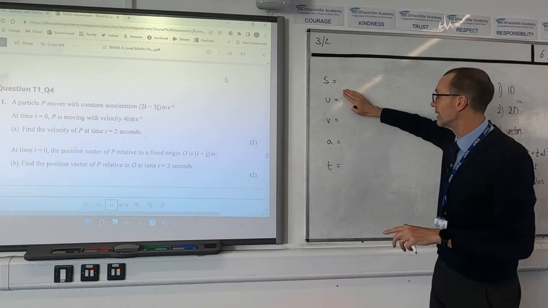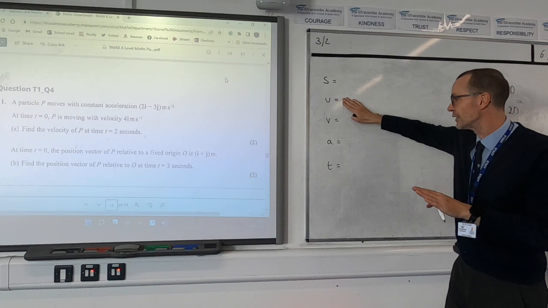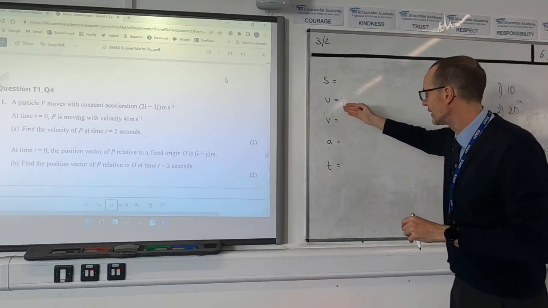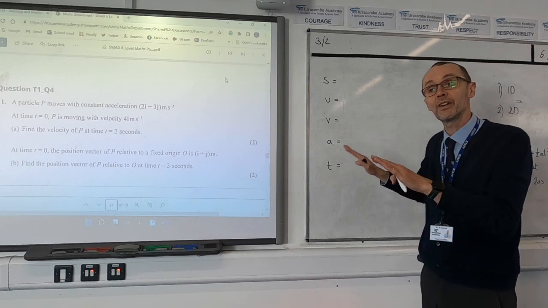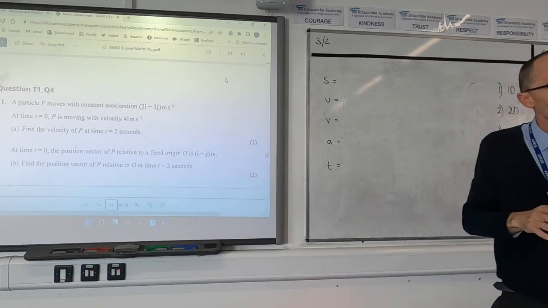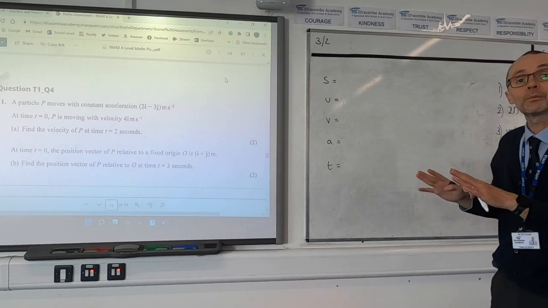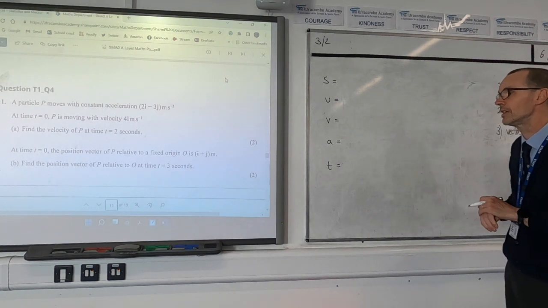Velocity is a vector. We have the horizontal and the vertical components, initial and current velocity. Acceleration is a vector, because you can be accelerating so much in this direction, so much in that direction. The only one up there that isn't a vector, we call it a scalar, is time.